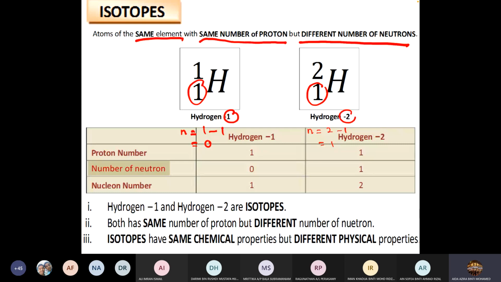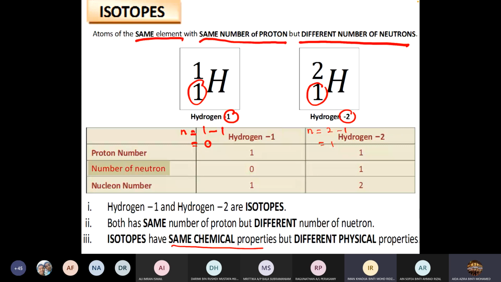Maknanya kalau teacher bagi pada you sodium 23 and sodium 24, so automatic korang tahu nucleon number untuk sodium. Faham tak?